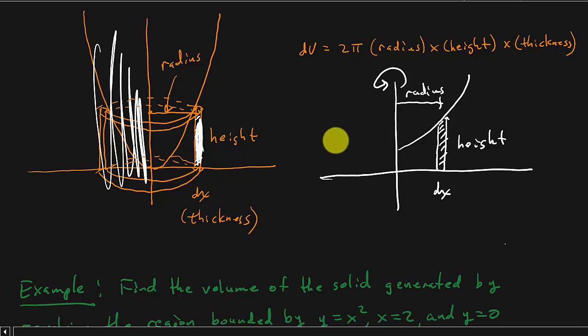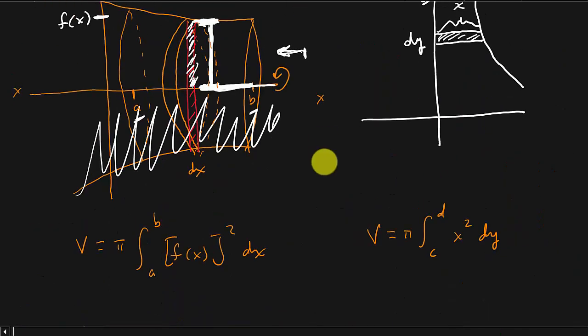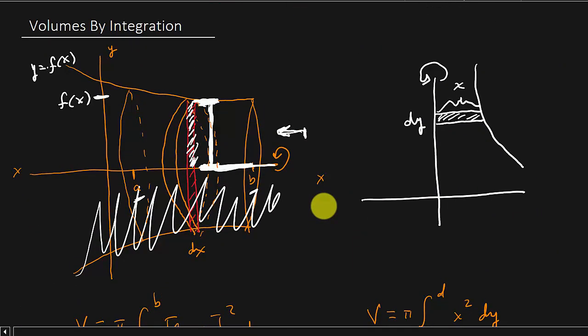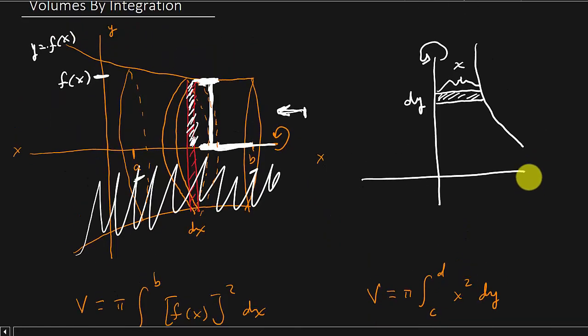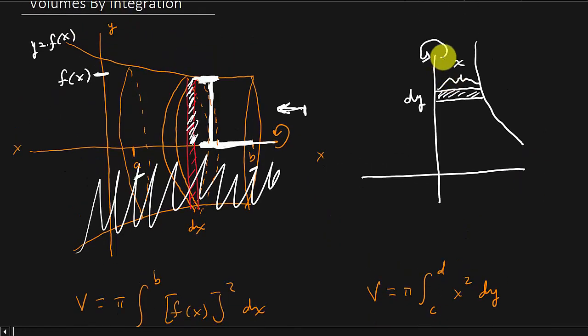Now the other thing I want to point out: when you're using the disk method, I know I erased the other one, but notice when I drew the rectangle in, the rectangle is drawn perpendicular to the axis I'm revolving it about.